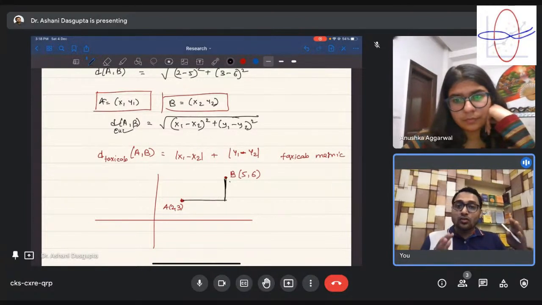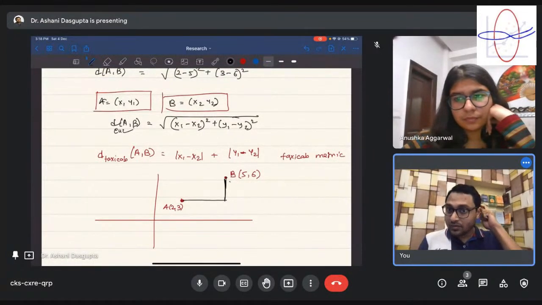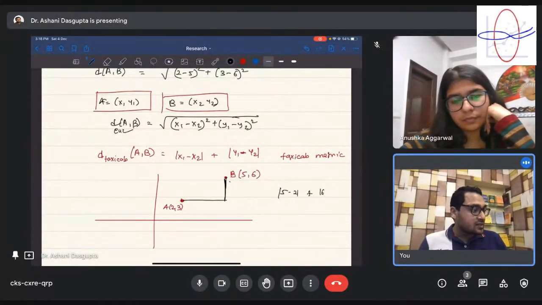You are only allowed to walk horizontally or vertically. So in this case, the formula is the absolute value of 5 minus 2 plus the absolute value of 6 minus 3, which is 3 plus 3, which is 6.